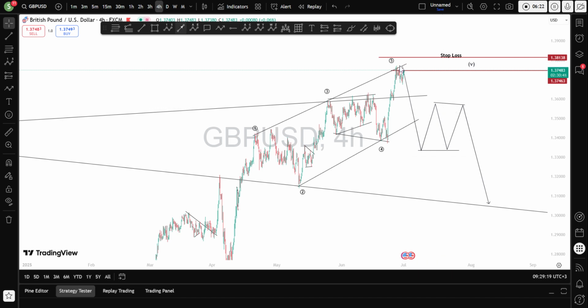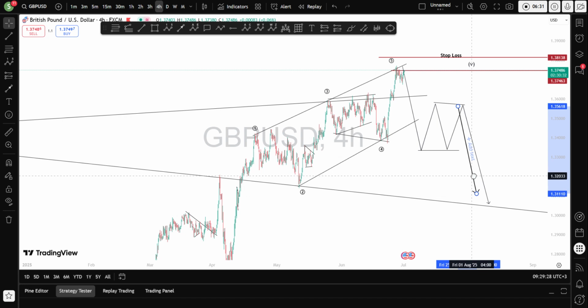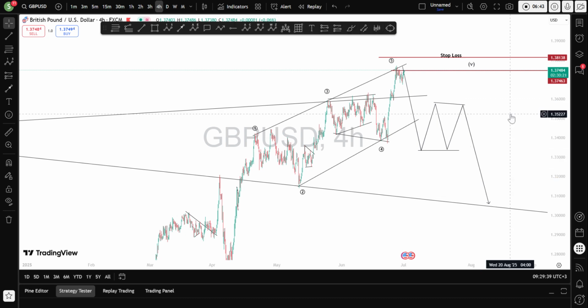So that means you'll measure the distance from the head up to that pole, then drag the pole and extend the other side. So that will be our first TP. It is a rule that in most cases, or 95% of the time, the flag after a diagonal will hit the TP.